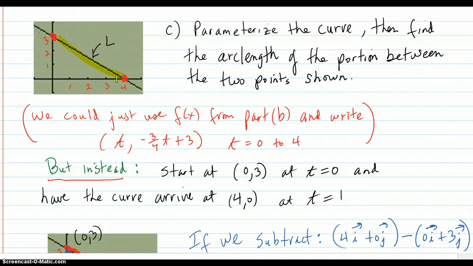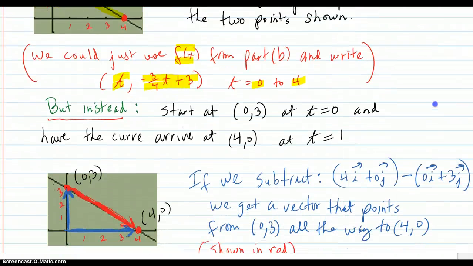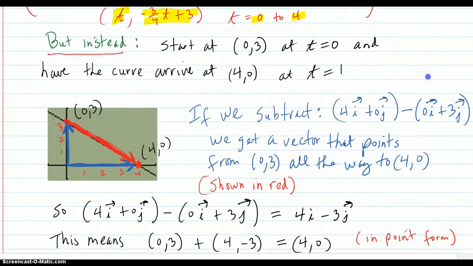Now of course we could just use the previous f of x we just found and write the parameterization sort of the cheap way, which is this, and have t's running from 0 to 4. And then we would use the arc length formula for parameterization, but it would end up looking exactly like the function form.